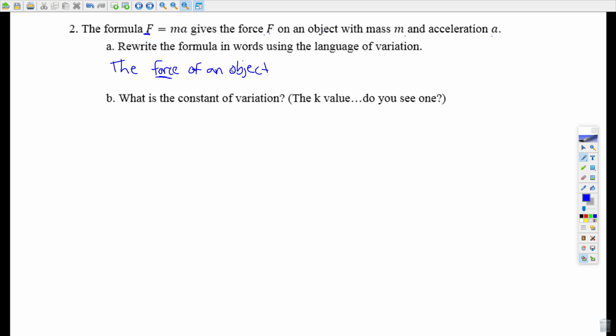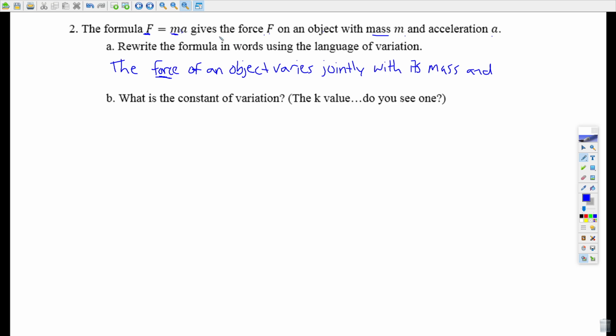F, the force of an object, and we'll say varies. And what do you use to get those things multiplied together? We're going to use the word jointly. Varies jointly with what? What's M stand for? The mass. With its mass.